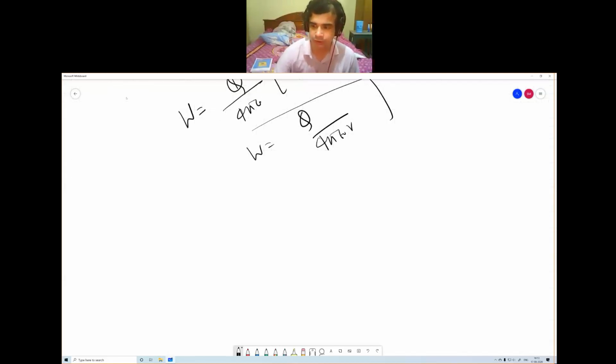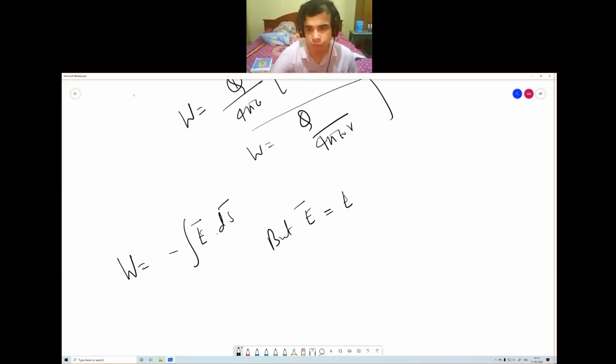If there are two charges, think this way. W would be the same integral of E ds. But now E is equal to E1 plus E2. There will be two different electric fields, so this will be E1 ds plus E2 ds.